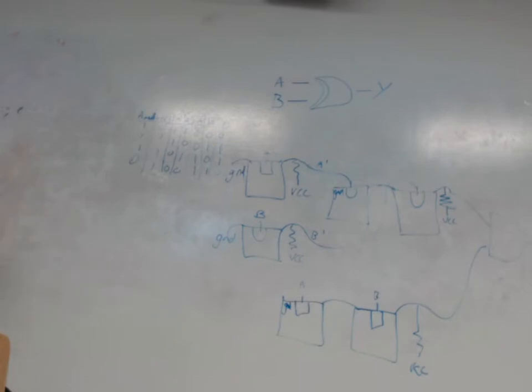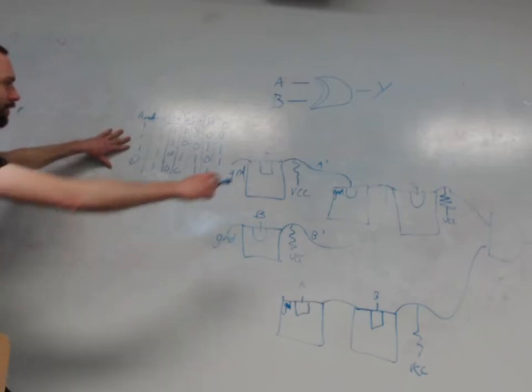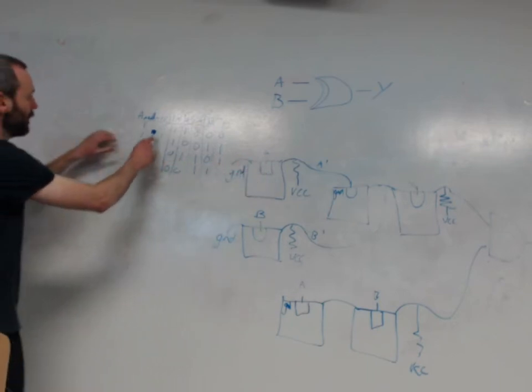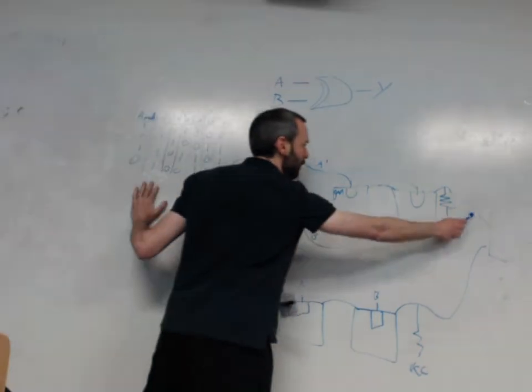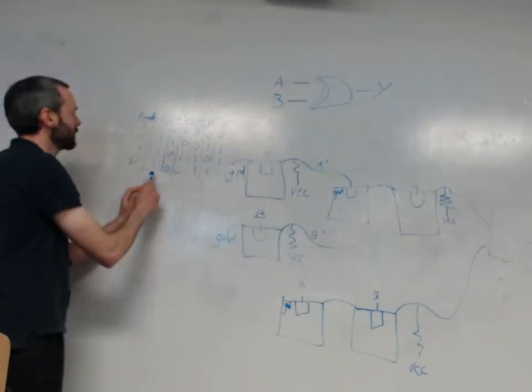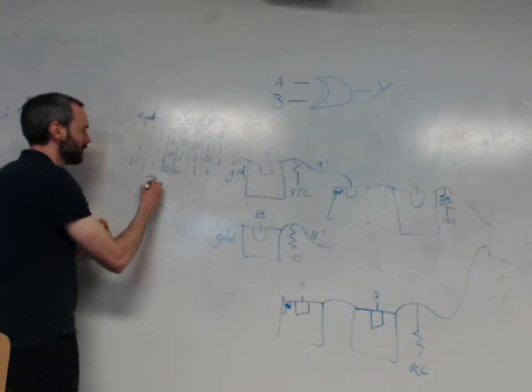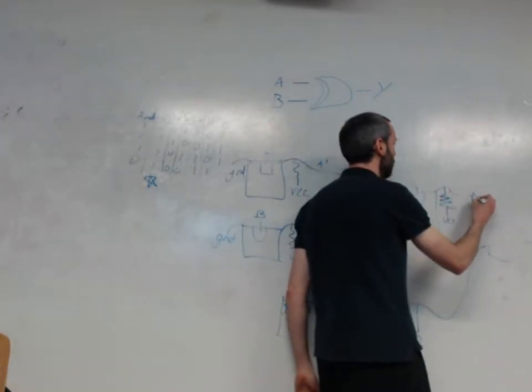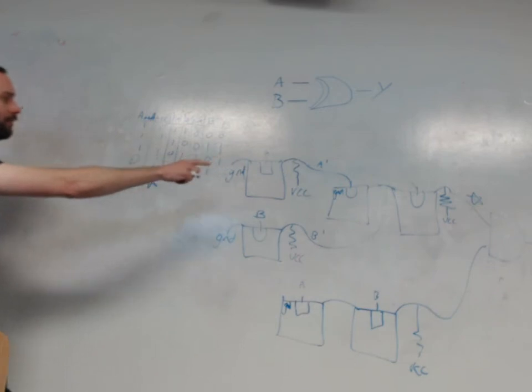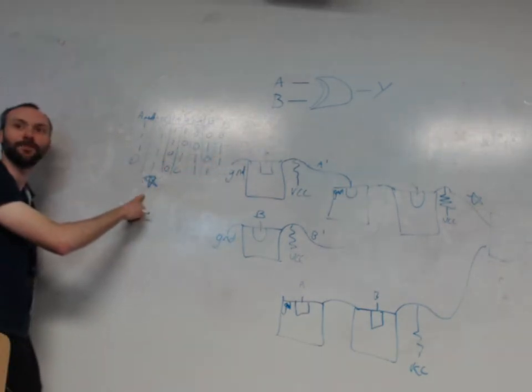I like this one. The top part's the OR gate. So the output of the OR gate is 0, 1, 1, 1 right over here. This guy over here is going to be this column right here, so I'm going to put a star.